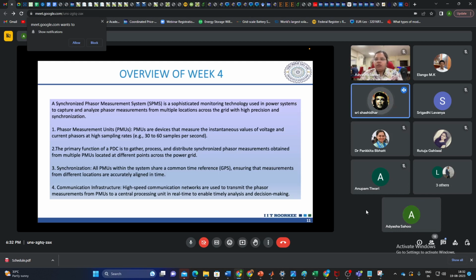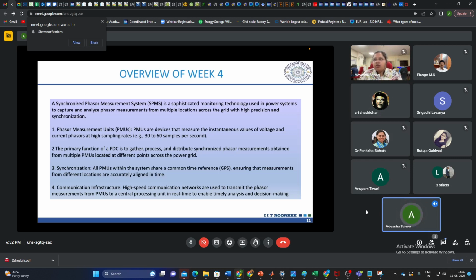One second, madam. You explained they will be using some algorithms. What kind of algorithms will be used there, especially in data analytics? Okay, algorithms, let's say for power flow, you must be aware of optimal power flow. There is load flow also.